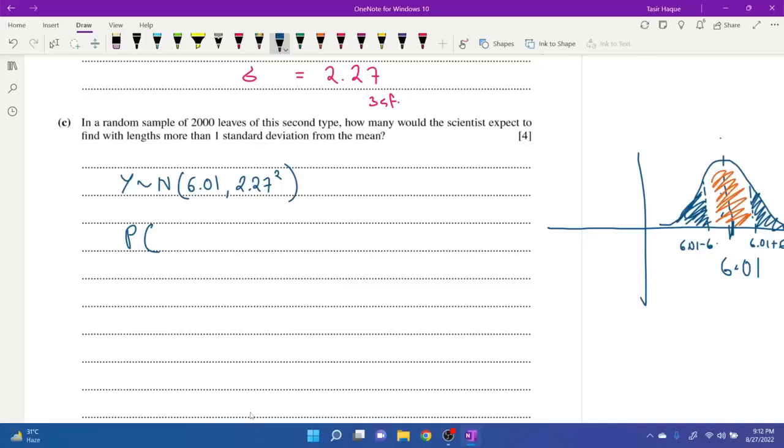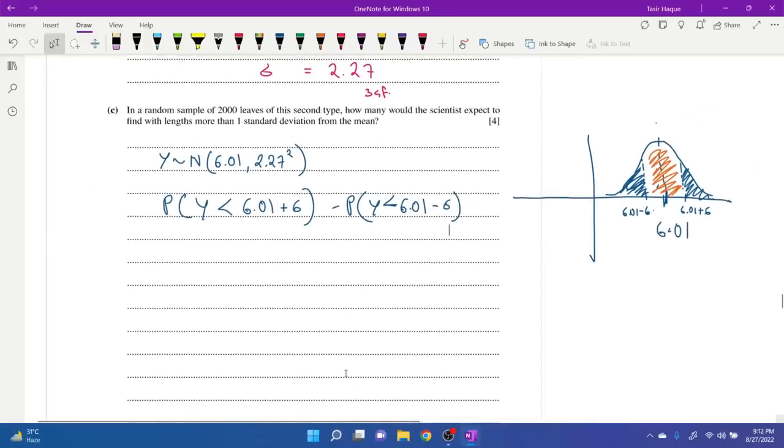So that's P(Y is less than 6.01 plus sigma) minus P(Y is less than 6.01 minus sigma). What am I doing essentially?